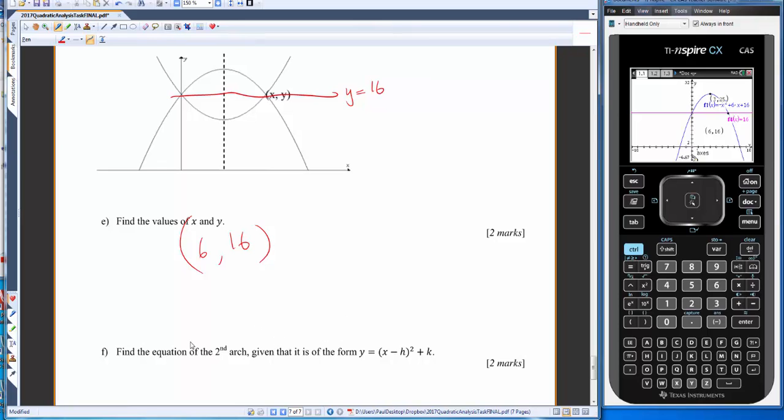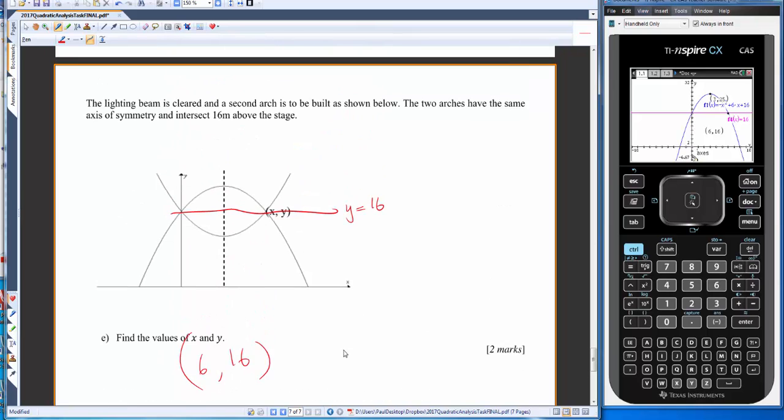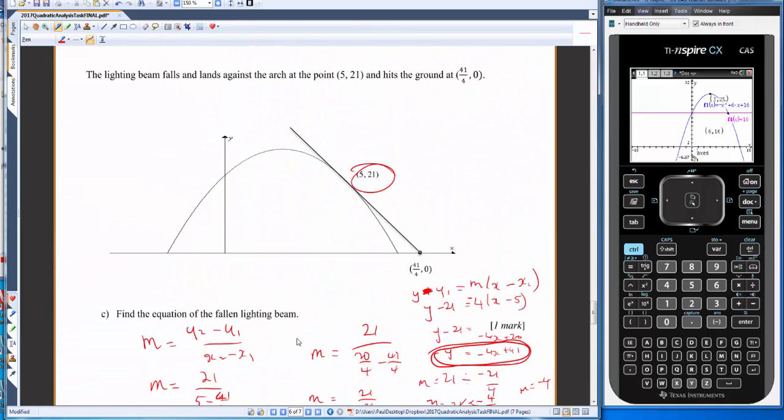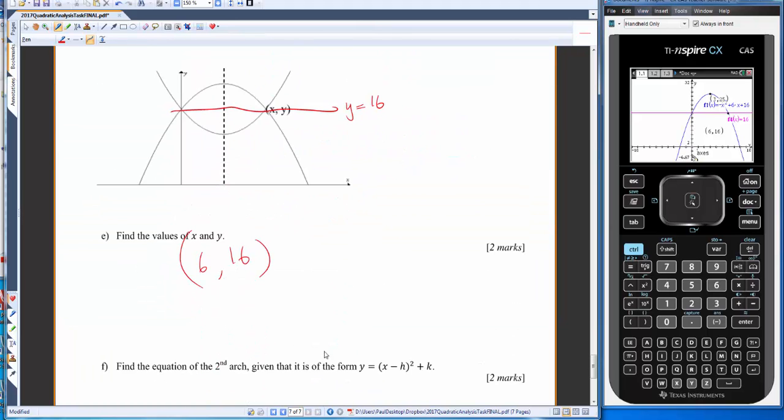Alright, so now what we're going to do is find the equation of the second arch, given that it is of the form y equals x take h squared plus k. So a bit of a tricky one here. Now you need to know a couple of things. This coordinate point here is 0, 16.